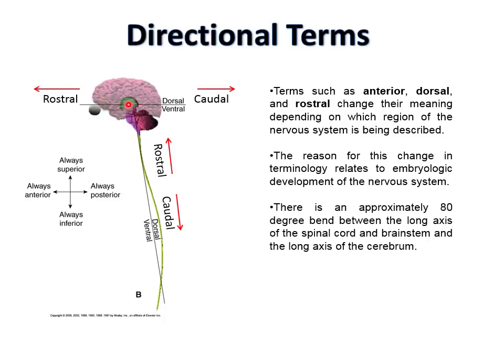Because of a substantial bend in the axis between the brain and spinal cord at the brainstem, the terminology differs here, so that rostral is the more superior portion of the spinal cord, and caudal is the more inferior portion of the spinal cord, and dorsal is the posterior portion of the spinal cord, and ventral is the anterior spinal cord.